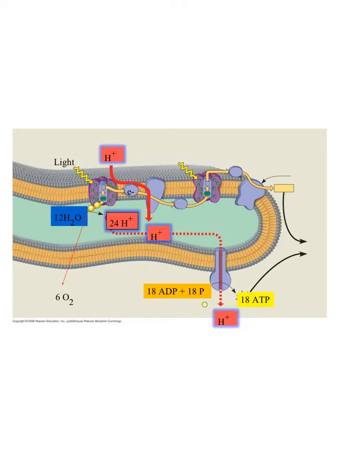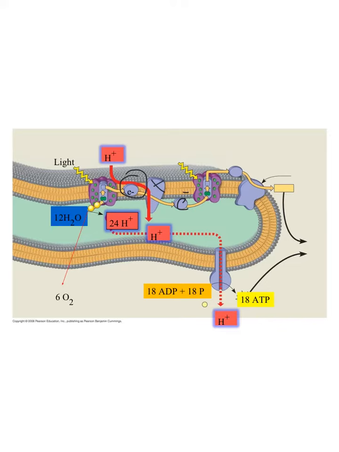The electrons that we talked about over here, which were using their energy to power this proton pump, the cytochrome complex, now have lost a lot of that energy. So they're picked up by a second electron carrier here and shuffled off in contact with photosystem 1.